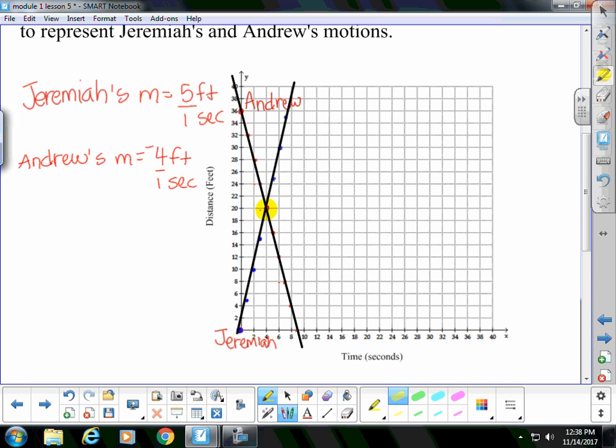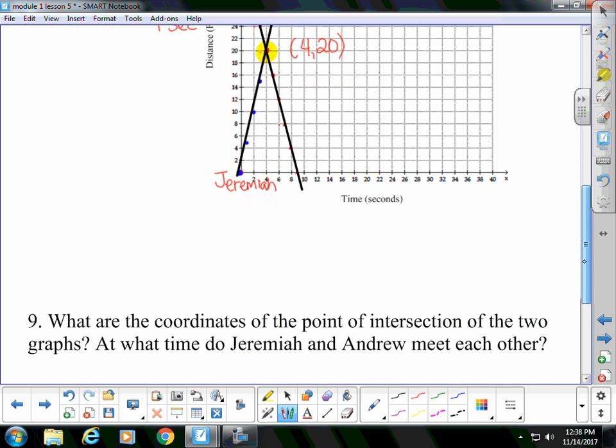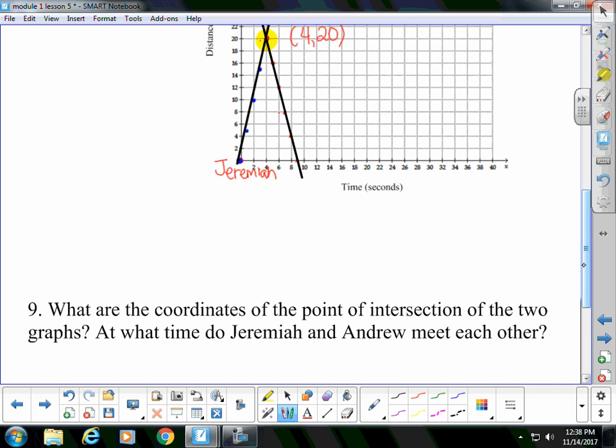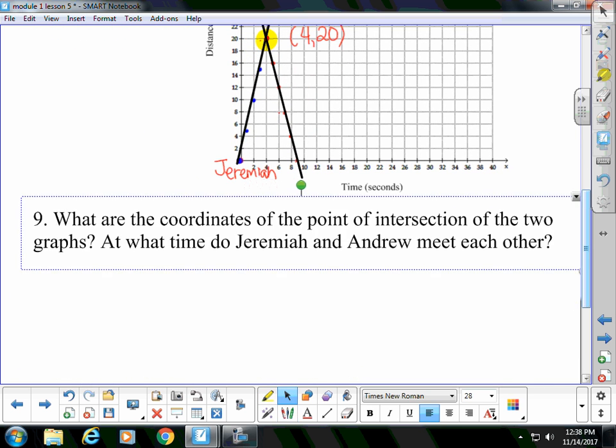And here's my point of intersection, which is the point over 4, up 20. Okay, so as far as the questions go, the first question is, what are the coordinates of the point of intersection?